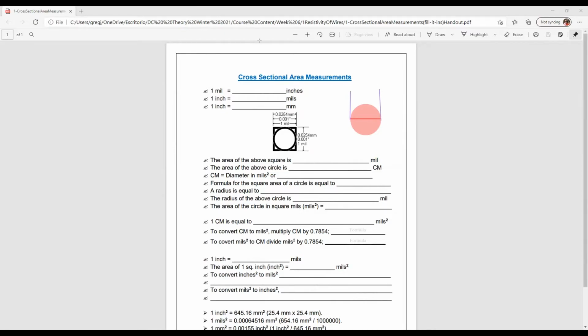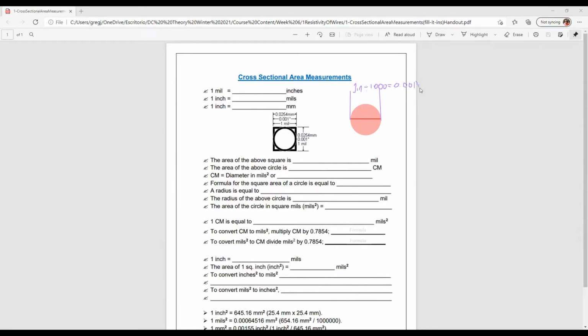We take this 1 inch and divide it in 1,000 equal pieces. Then we are going to have a value equal to 0.001 inch. Every time we have 0.001 inch, we say that we have 1 mil. We took 1 inch and divided it in 1,000 equal pieces.